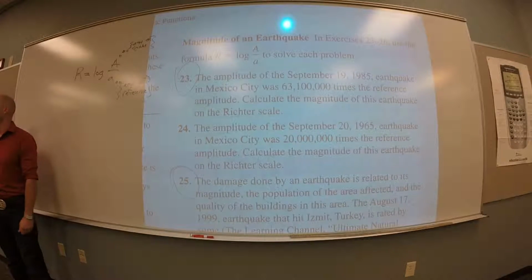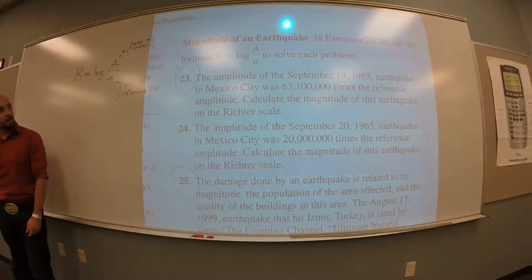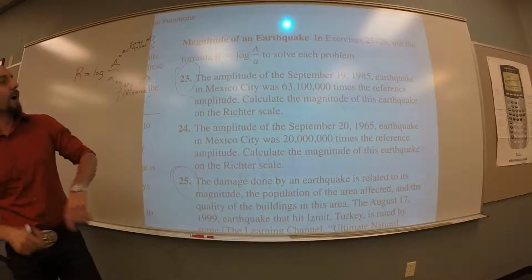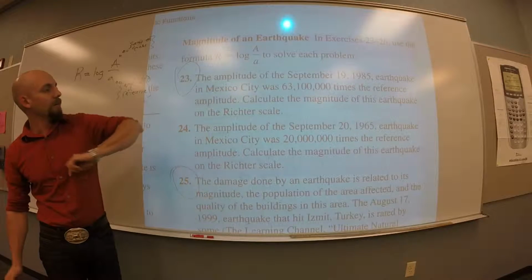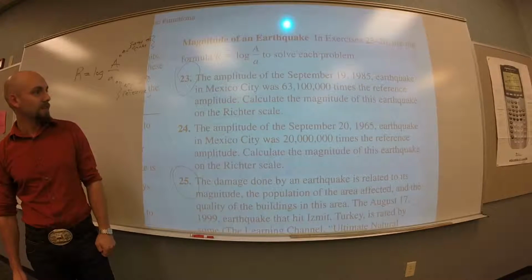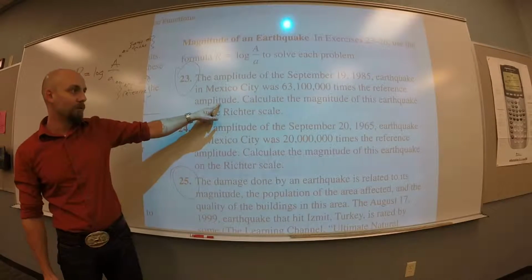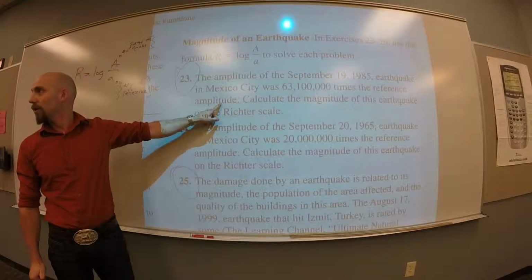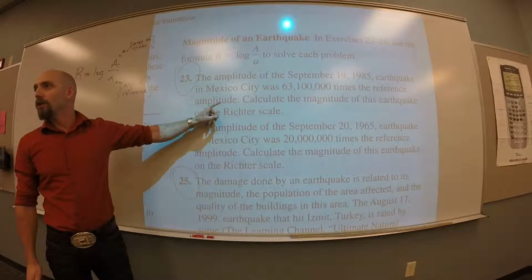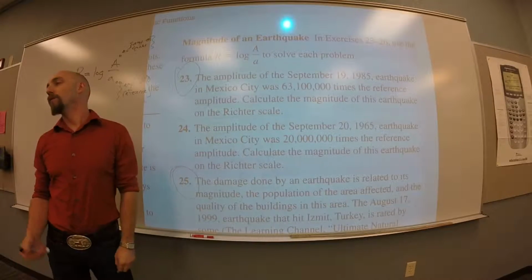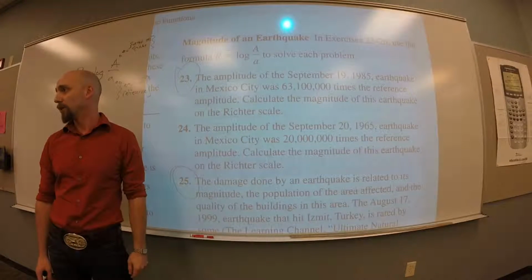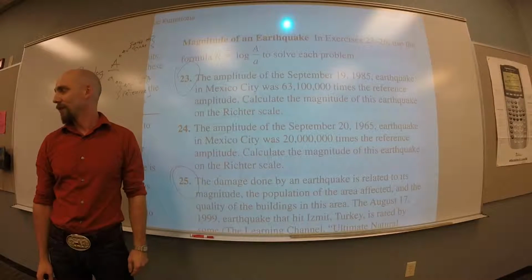What's the reference? Here they're saying the amplitude of the September 19th, 1985 earthquake in Mexico City was a big number times the reference amplitude. The reference amplitude is extremely, extremely small.